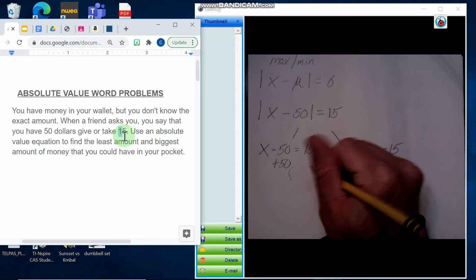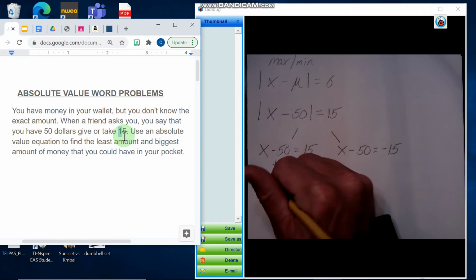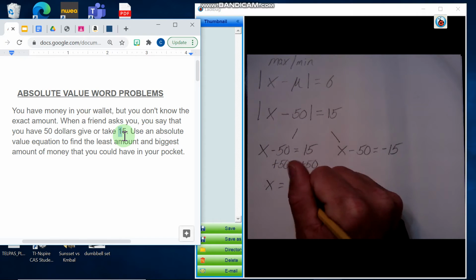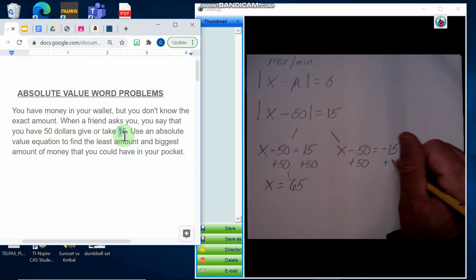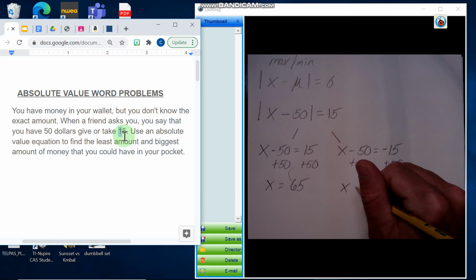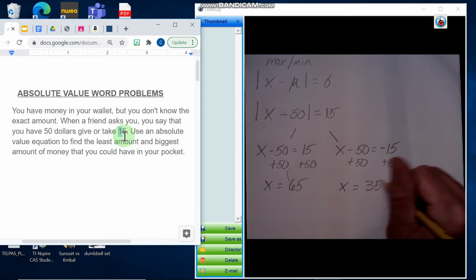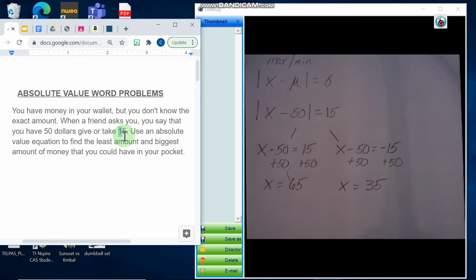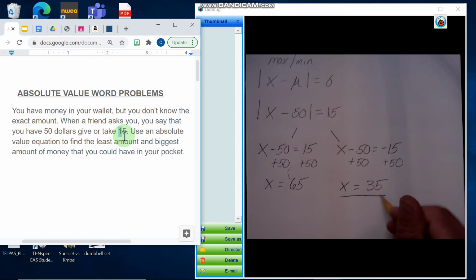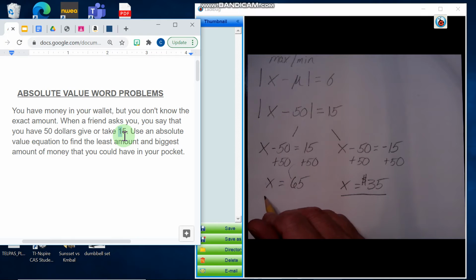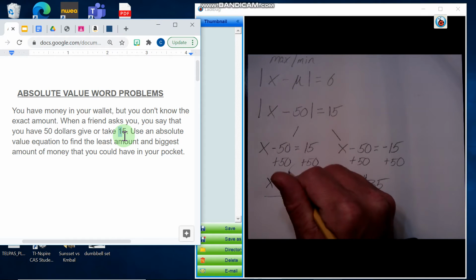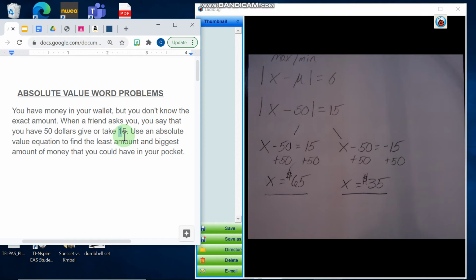Add 50 to both sides, x equals 65. Add 50 to both sides, and x equals 35. So the minimum amount that you could have in your wallet given these parameters is $35, and the maximum amount is $65.